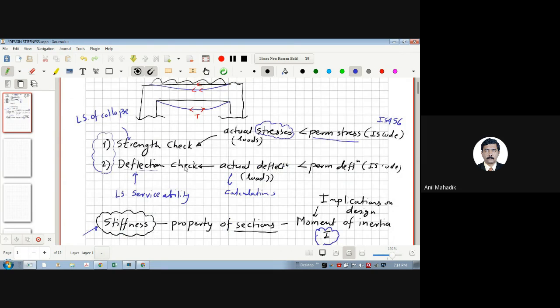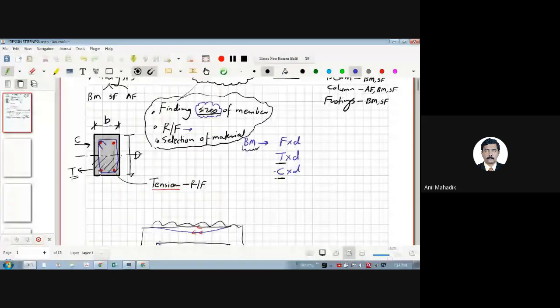What are the formulas, and what it is depending on. And so on. Okay, so these are the important aspects in any design.